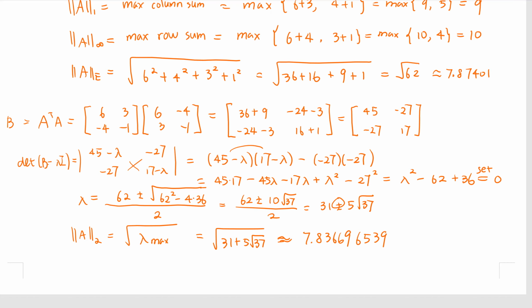The L infinity norm is the maximum of the row sum. The Euclidean norm is the square root of the sum of all the entries squared. And then the L2 norm is the hardest one. We need to compute the matrix A transpose times A and then find the eigenvalues of this matrix, pick the largest one, and then take the square root of that. So far, so good, everybody?